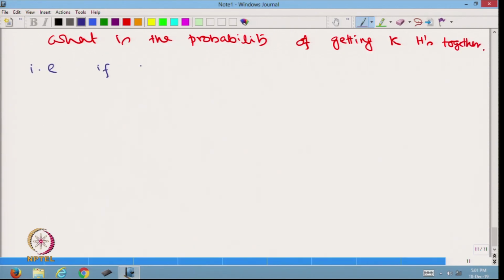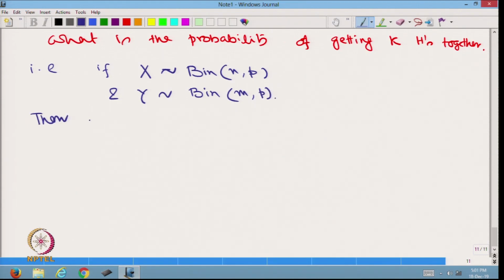If x is binomial n, P and y is binomial m, P, then how is x plus y distributed?